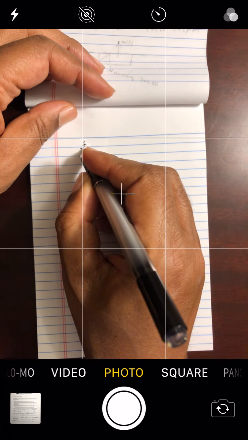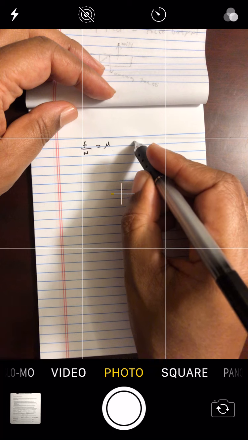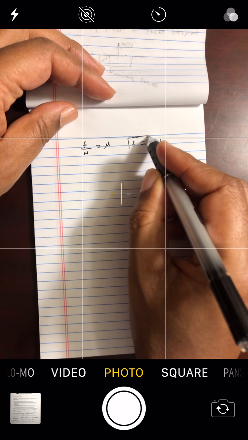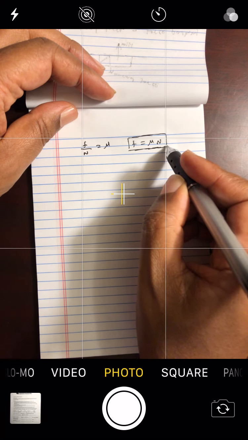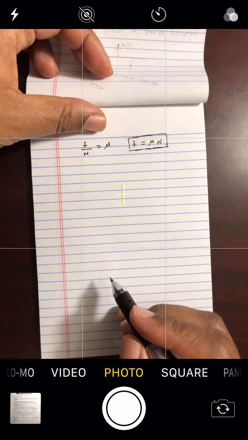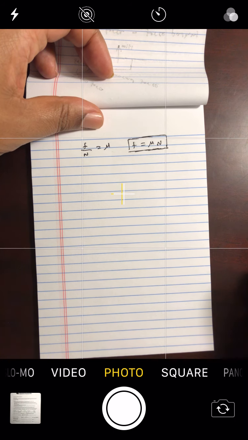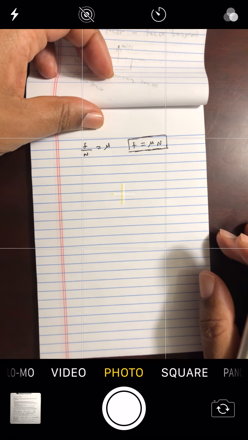The ratio between friction force and normal force equals mu, but this is customarily written as friction equals mu times N, okay? So this quantity mu is a constant that you can find in tables in textbooks. It's just a function of the surface. For given surfaces it will be constant, but for different pairs of surfaces it will be different.